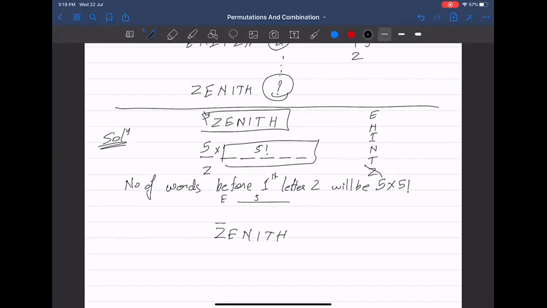So how many are there? 5 factorial are there. H वाली भी सारी सीरीज आ जाएगी. And likewise I and so on, altogether basically 5 times 5 factorial की सारी सीरीज आ जाएगी. Because ये 5 है ना, तो उसकी पूरी सीरीज जेनिथ के पहले आ जाएगी.